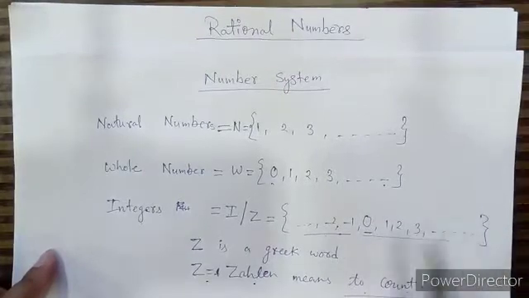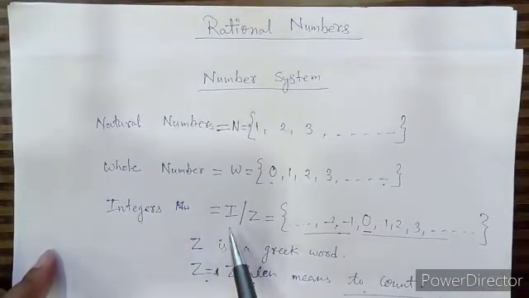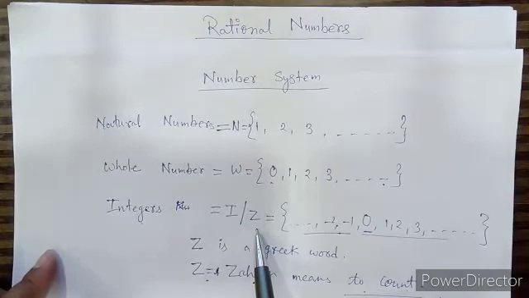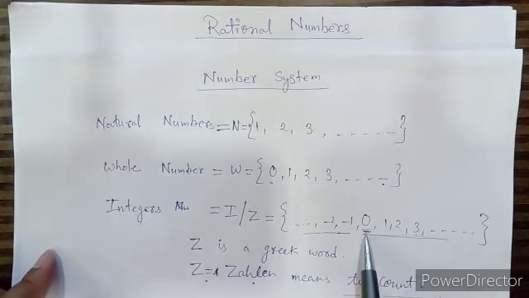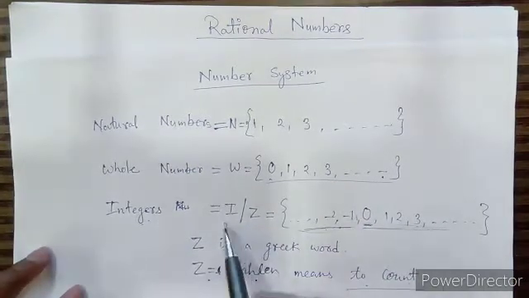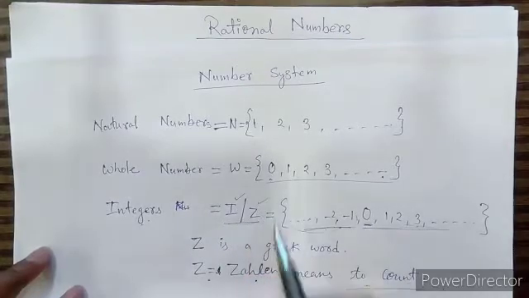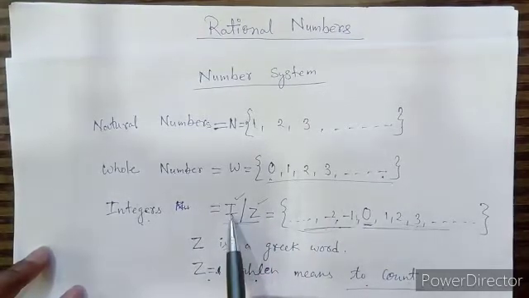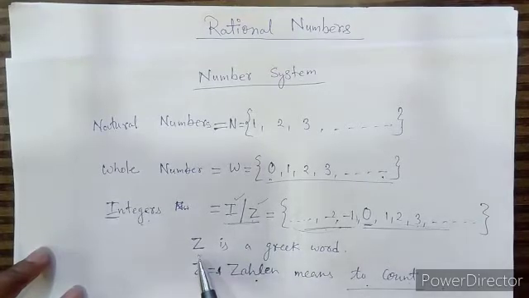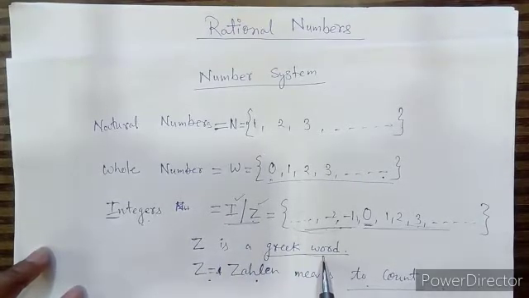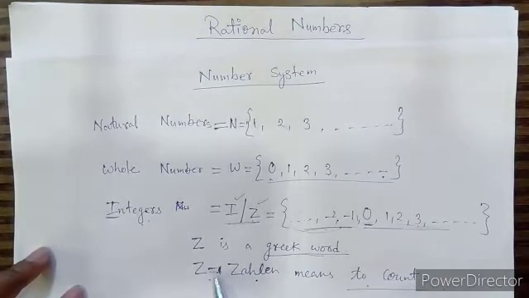Integers are denoted by I and Z. It is the collection of all the positive numbers, all the negative numbers, and 0. It has two symbols, I and Z. I is taken from the first letter of integers, and Z is taken from a German word, Zahlen, which means to count.